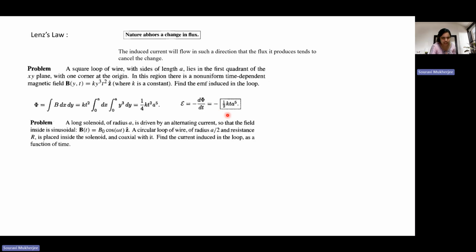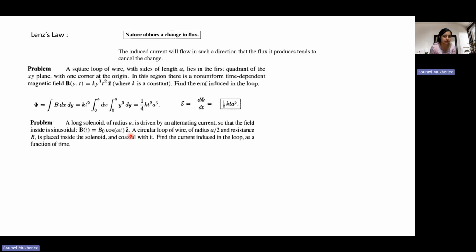There can be all these different kinds of questions. Like here, it says that you have a long solenoid of some radius A, and there is this sinusoidal field, which is a function of time. As you can see, it has this B naught cos omega t term.